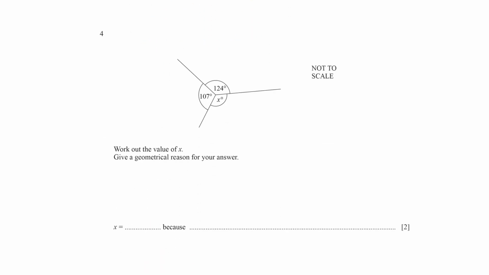Fourth question. Work out the value of X over here. So 107 plus 124 plus X is going to give me 360 degrees. Why? Because angles around a point add up to 360.